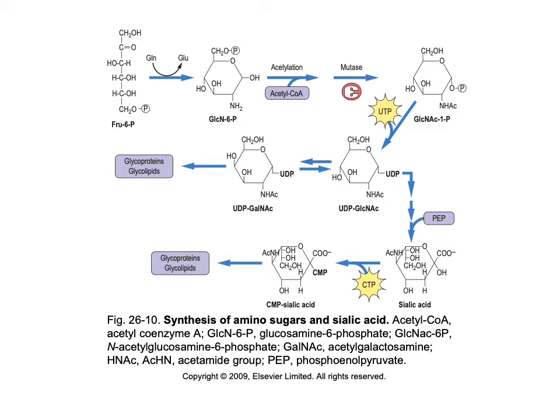One is that we can make all these sugars from other sugars, and also it requires energy, and generally these sugars are attached to another molecule like a phosphate or a nucleotide in order to facilitate the movement through the pathway.